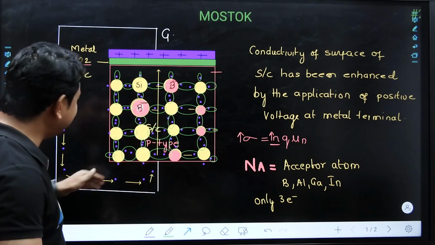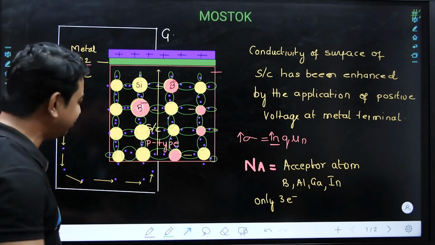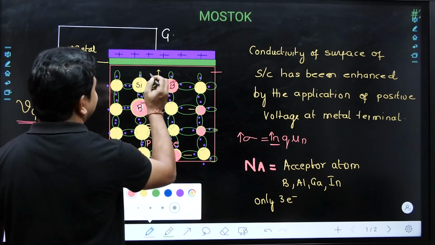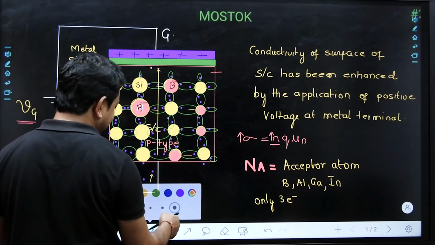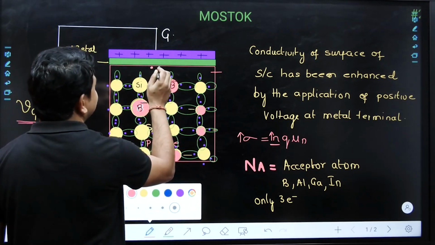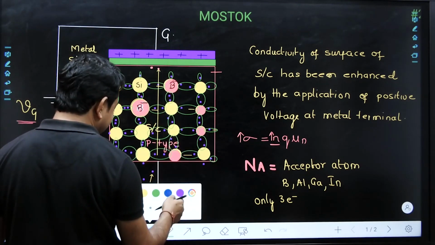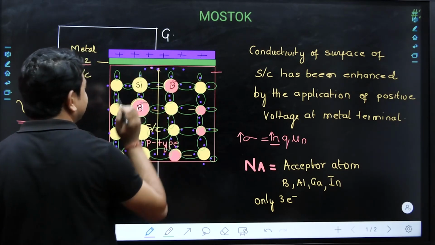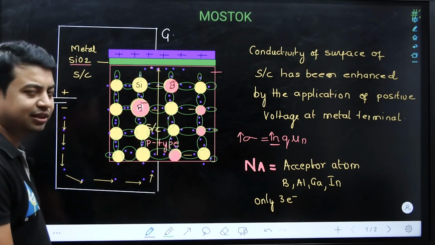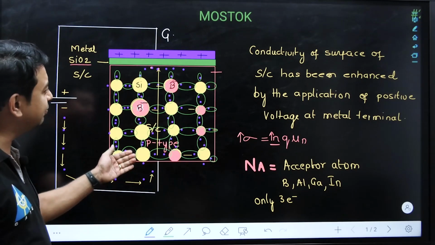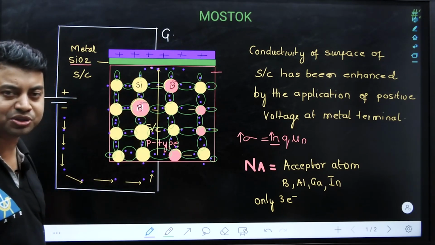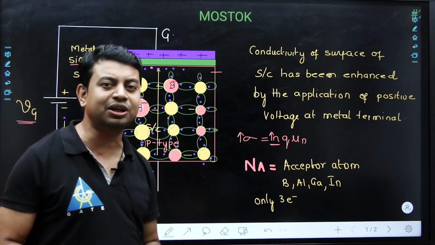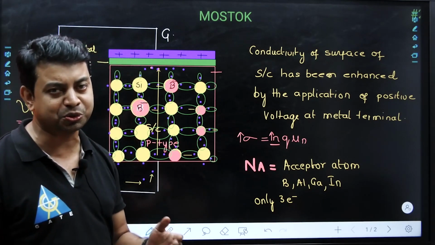But if the supplier supplies more electrons, then definitely some of the electrons will take this position, and they will be layered somewhere here, like this. So we have some countable number of electrons here. If we have a countable number of electrons, these electrons will definitely not increase the conductivity of the semiconductor so high.